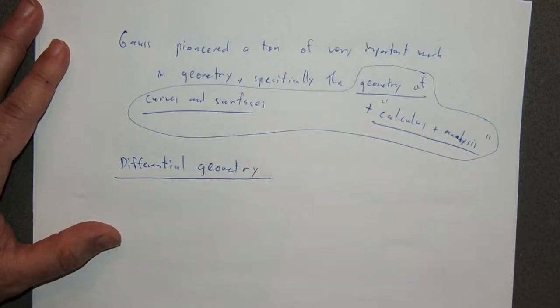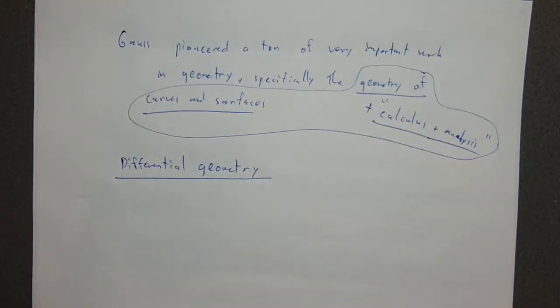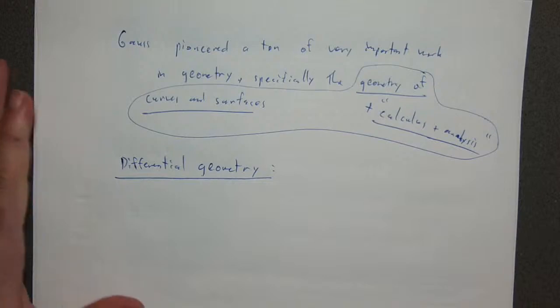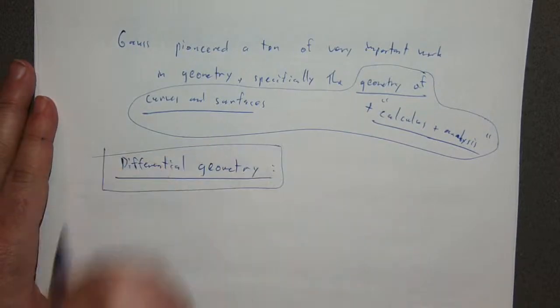If you take Math 436, which I'm teaching in the fall, that is the differential geometry of curves and surfaces, and it traces through almost all of Gauss's work together with some stuff that was cleaned up by later mathematicians. So this is what Gauss was responsible for.